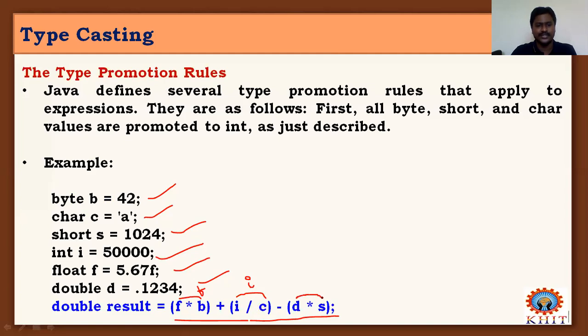Here it is double and short, so it automatically takes double. In expression evaluation, we know that plus and minus have the same precedence, so the associativity is left to right. Float and integer again gives float, integer and double gives double, and float and double gives double precision. So the result is stored in a double variable or double data type. So this is something about the typecasting process.